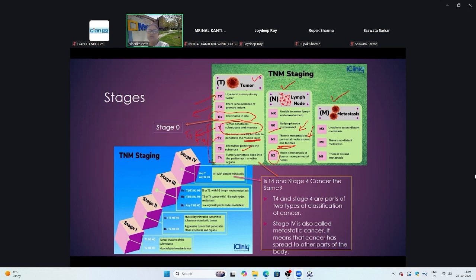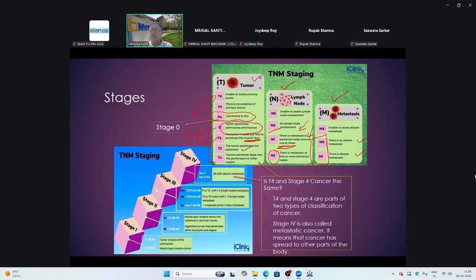So the maximum is N2. And metastasis is that there either is or there isn't. Either you find these cancer cells in a distant place or you don't find them. That's it. So it can be M1 and M0.